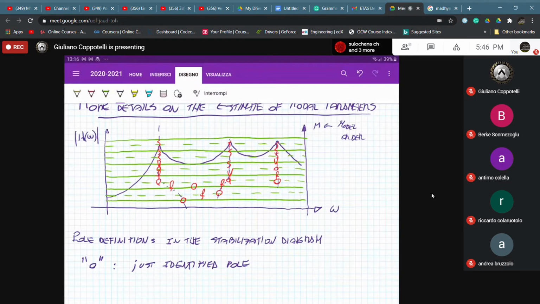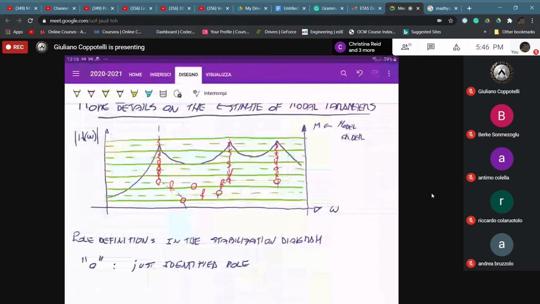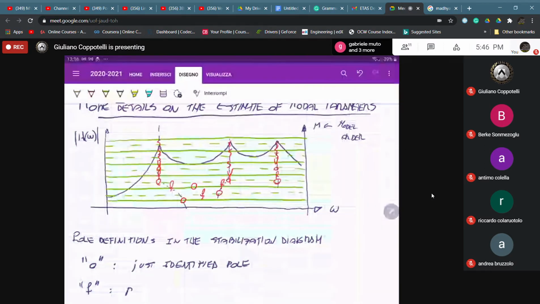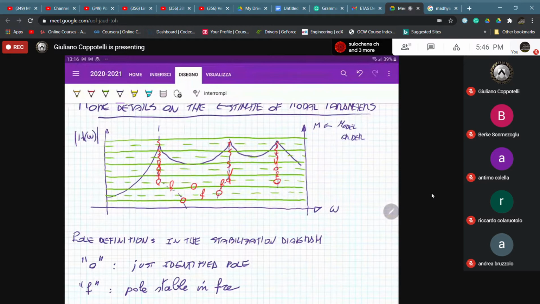That could be the complex exponential method, that could be the Ibrahim time domain method, could be whatever. Then the next name that we are giving to the pole is an F, a stable pole, that is a pole stable in frequency.